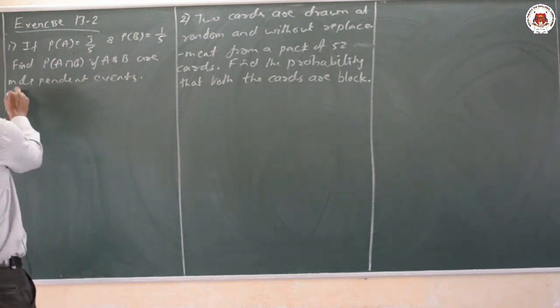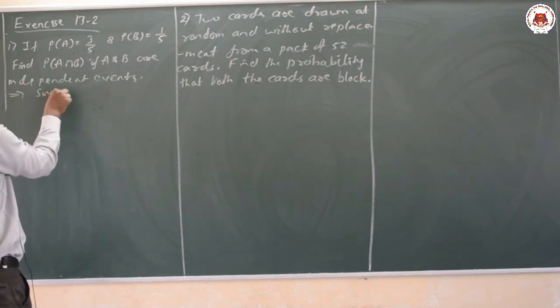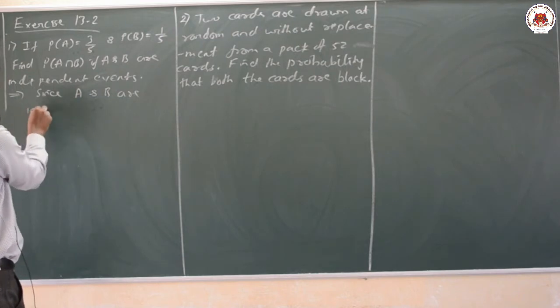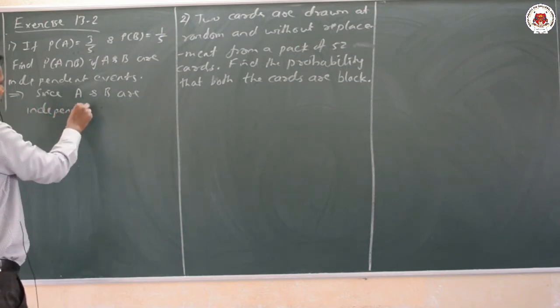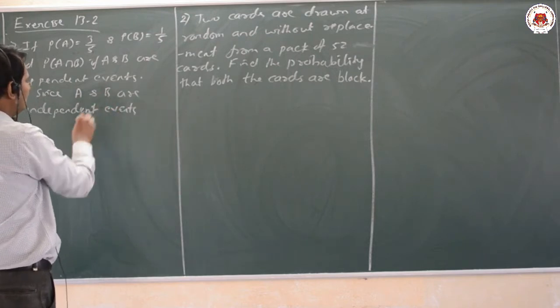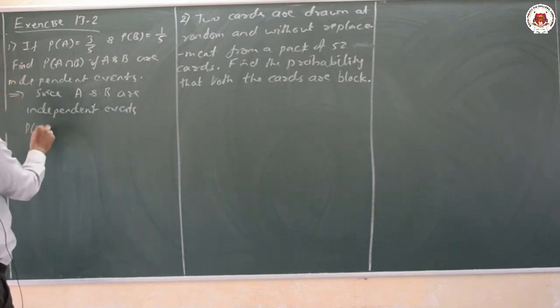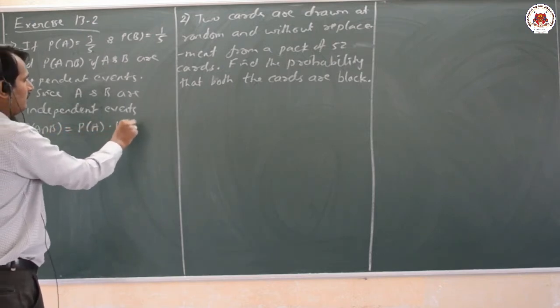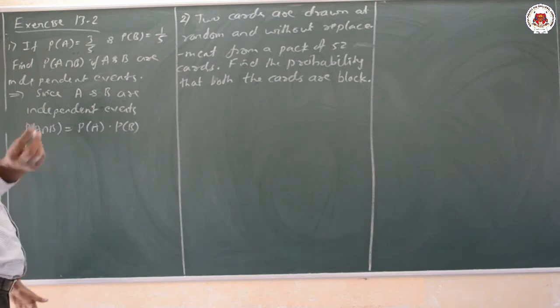Now here, since A and B are independent events, P of A intersection B is equal to P of A into P of B according to the definition. Just now we had seen.